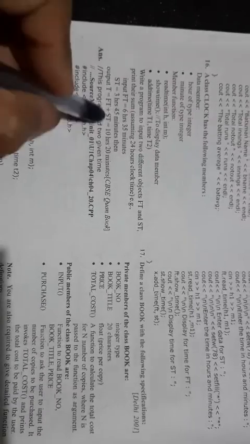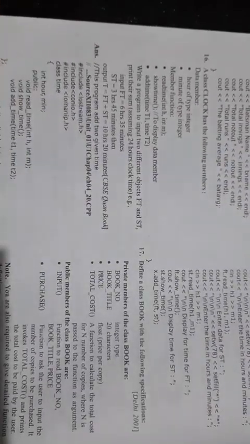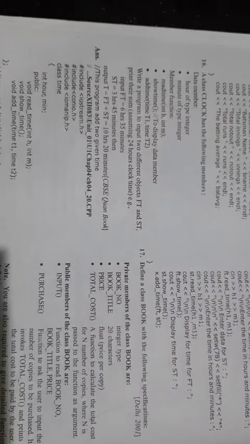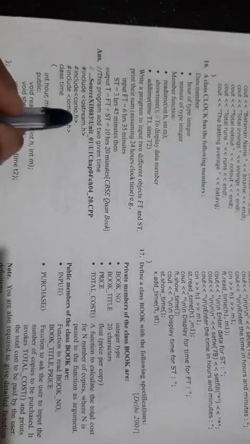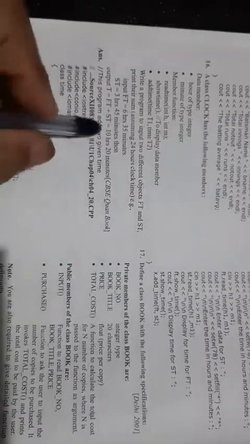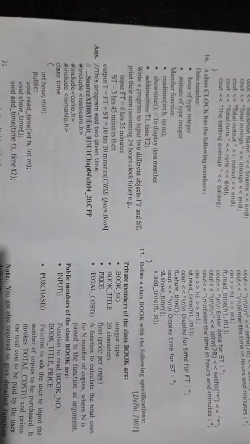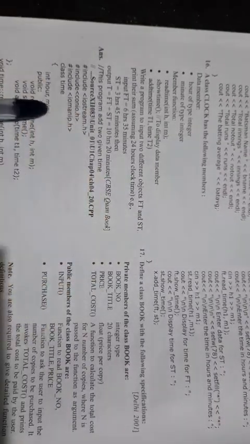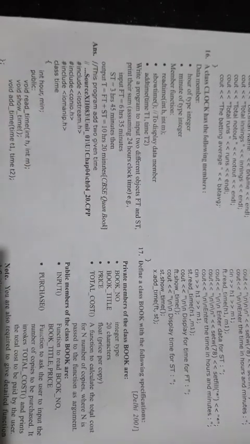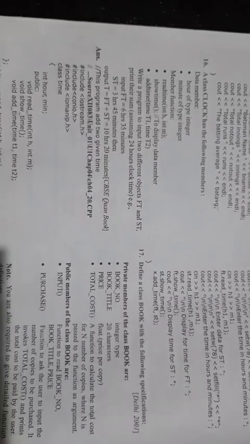Okay, so you can type this in your mobile phone from Play Store. There are lots of C++ console editors, you can install that. And those who have your own system, laptop, desktop, you can type this program, and then you can run this program, and then see what kind of output you're getting.